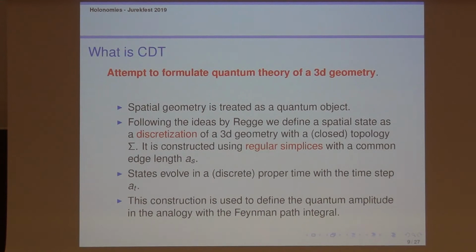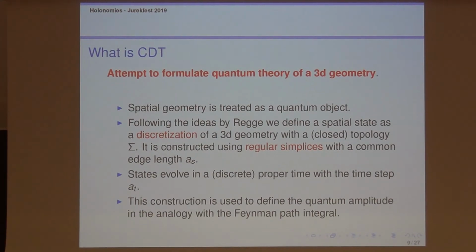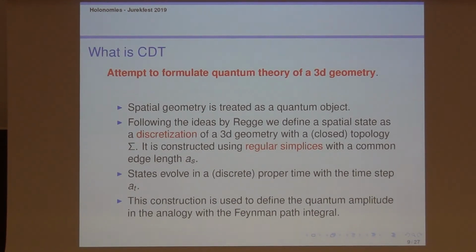So we have tetrahedra with a common length a_s, and we glue them in all possible ways. Different states correspond to different ways we glue these tetrahedra together, and states are also characterized by the number of tetrahedra we use and how they are connected.